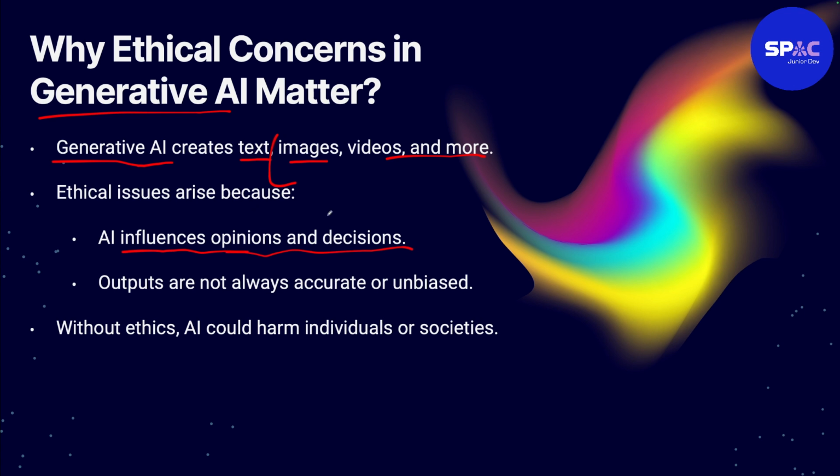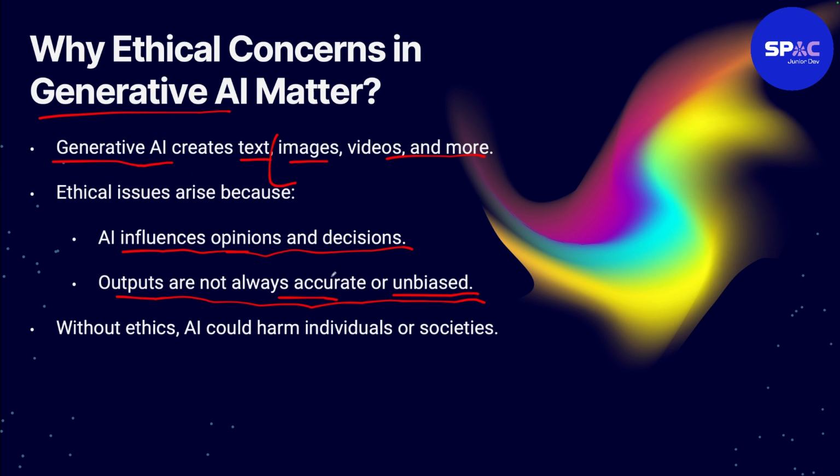That is why it is very crucial that we look at it. Of course, outputs of generative AI are not always accurate and unbiased, because AI still has some probability of making errors. So it's not always accurate, and it's not always unbiased.